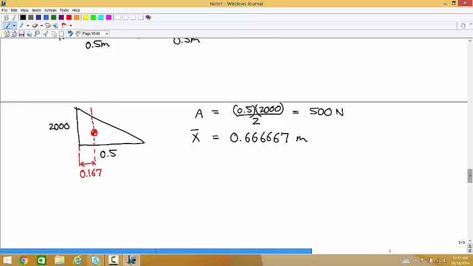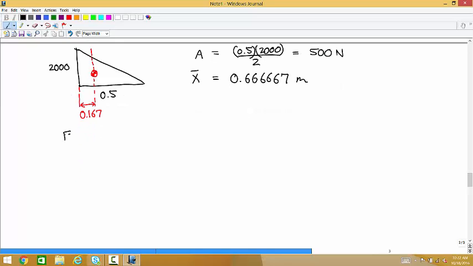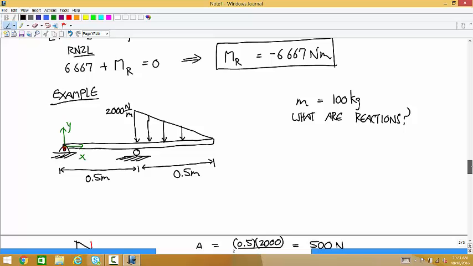Okay, so now let's draw the free body diagram. This is a pin joint. So that's going to apply a force vector.